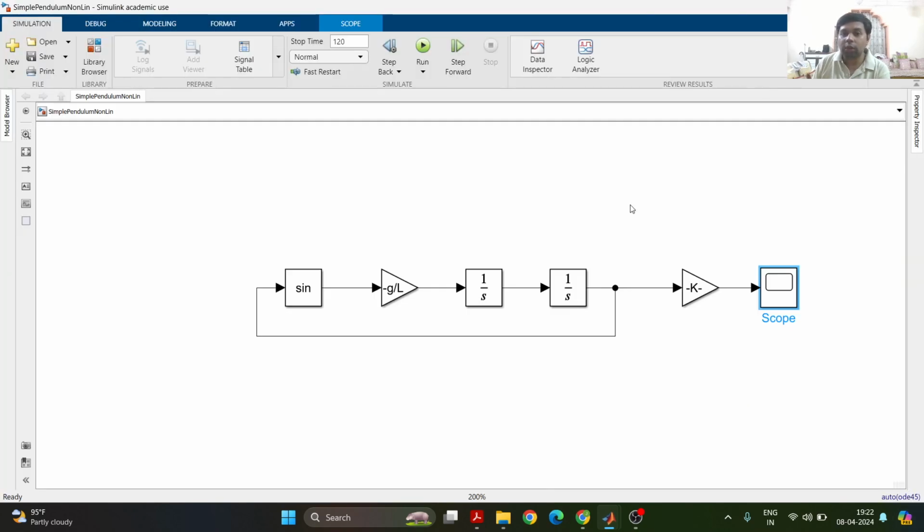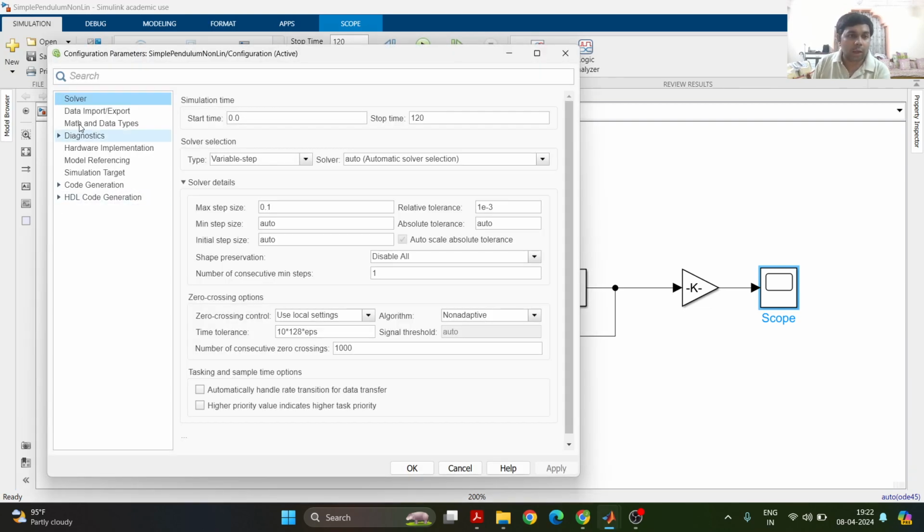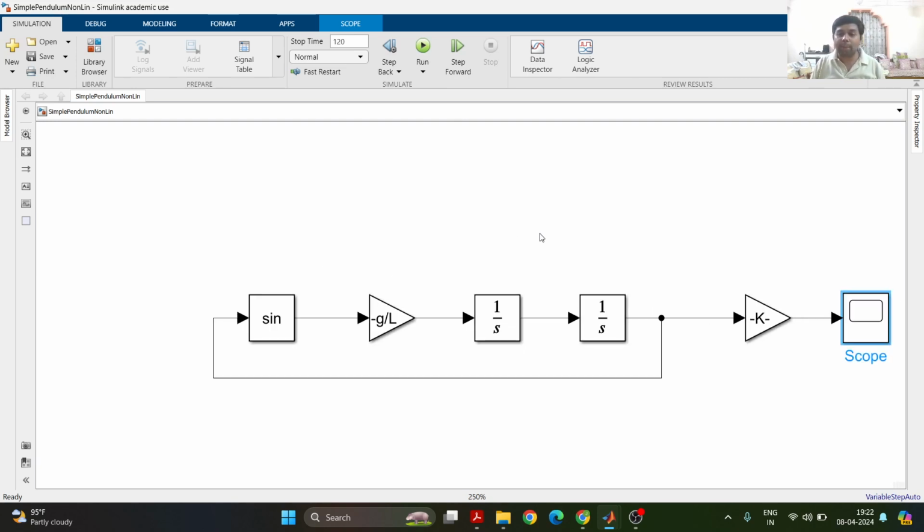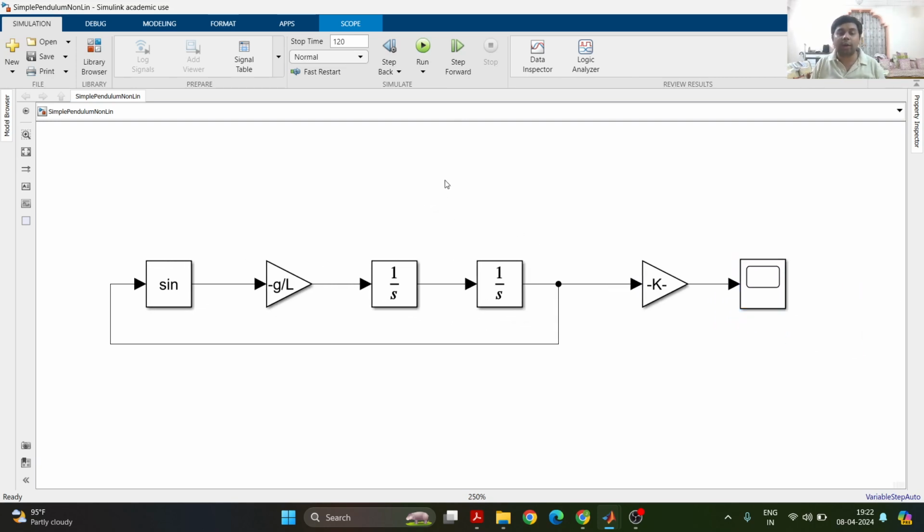What we can do is reduce the step size further, and let us say we'll try with 0.01. Since there is no damping present in this system, we would expect the amplitude to remain mostly constant.